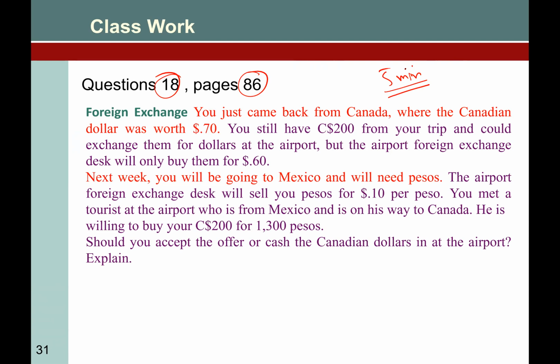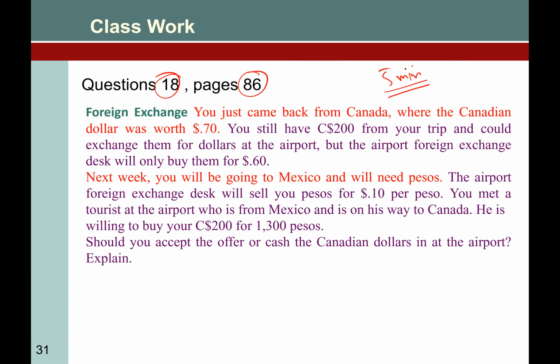Yeah, I got the same answer because if you exchange the Canadian dollars at the airport, you will get 1,200. Mm-hmm. Well done. Alima? Yeah, I also agree because you will get 100 more pesos if you exchange it from there.